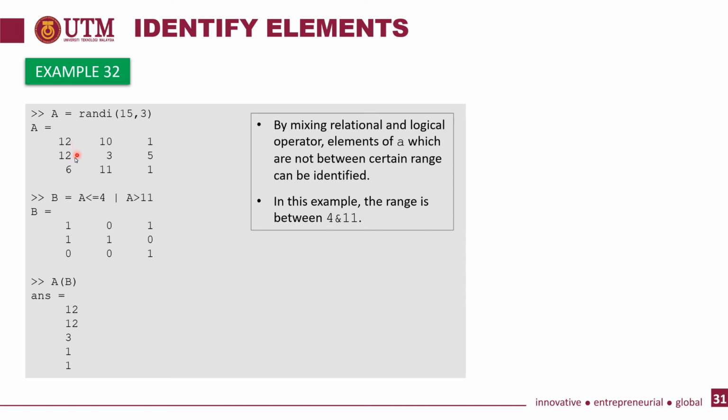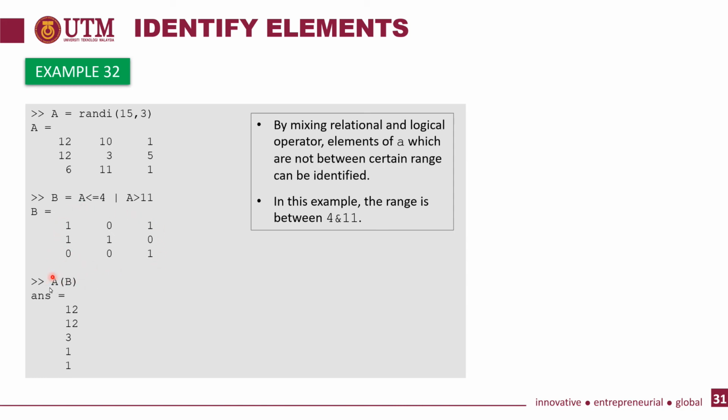So 12 is greater than 11, and this other 12 is also greater than 11, so it becomes 1 here. And then 3 is less than or equal to 4, so it becomes 1 here. 1 is less than or equal to 4, and this 1 here is also less than or equal to 4. This 1 is less than or equal to 4 as well, and it becomes 1. All right, so this is the indexing that you get.